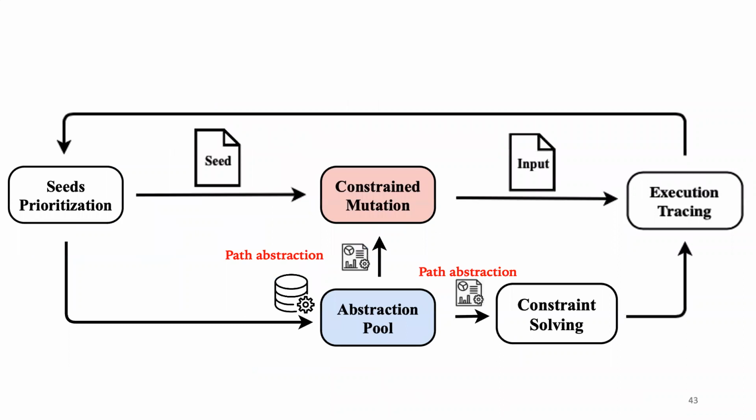With path abstraction, constraint solving can prune the infeasible path while accelerating the solving performance. We name this process guided constraint solving. Overall, we improve the original workflow of hybrid fuzzing in both mutation and constraint solving by incrementally preserving and reusing the previously computed constraint via path abstraction, which can be regarded as an advanced preserving mechanism compared with using the seed input.